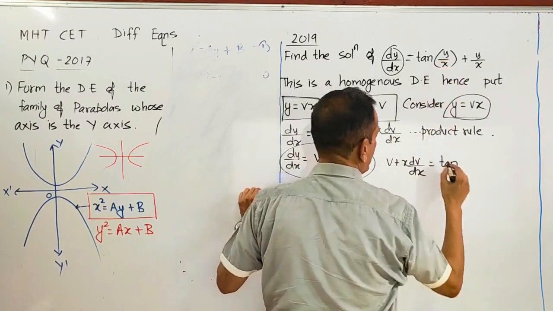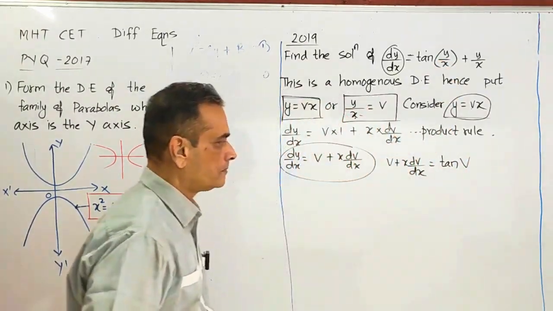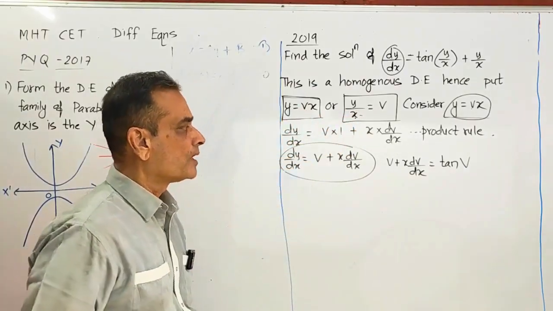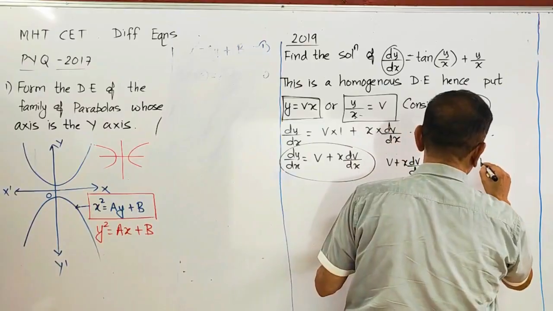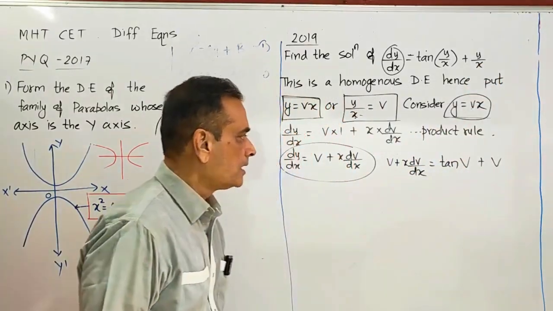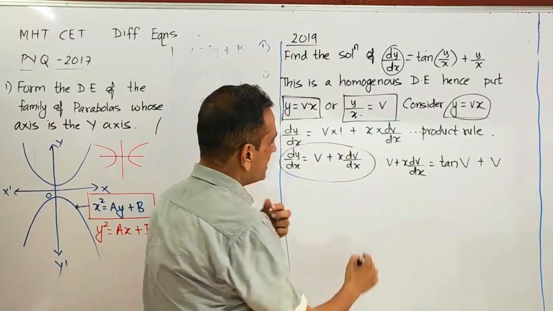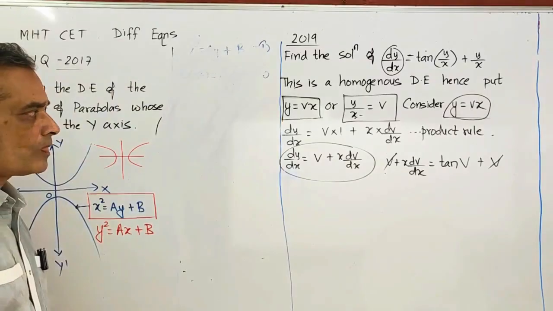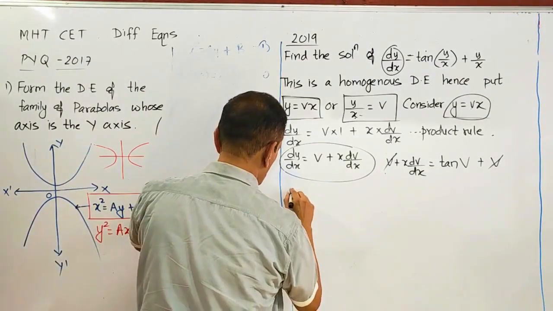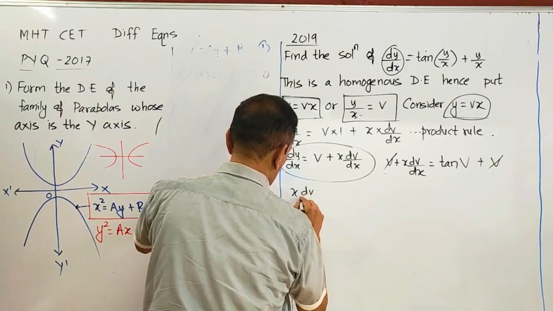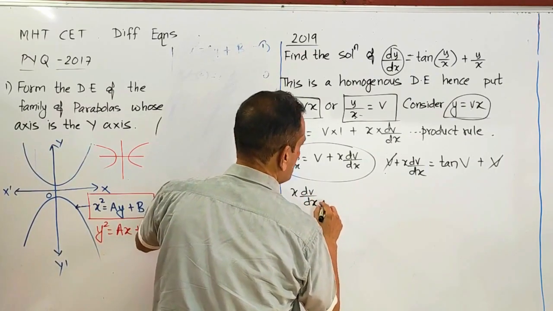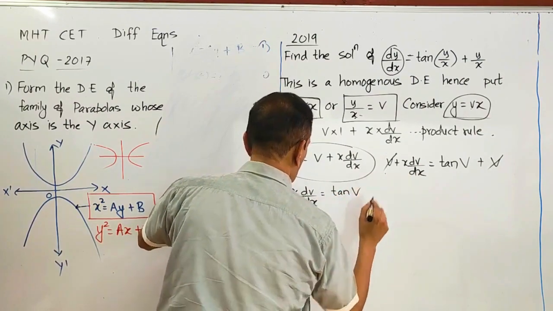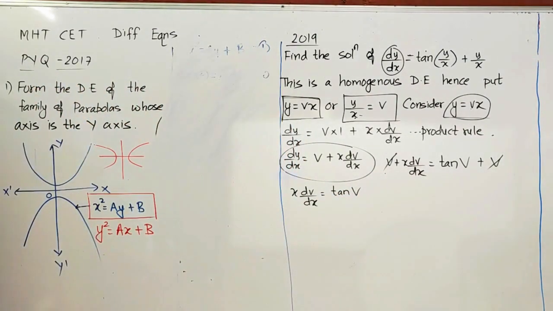So remember y upon x directly, remember all three. Again y upon x is v. If you take v on the right hand side, it becomes minus v. So what remains? tan of v.